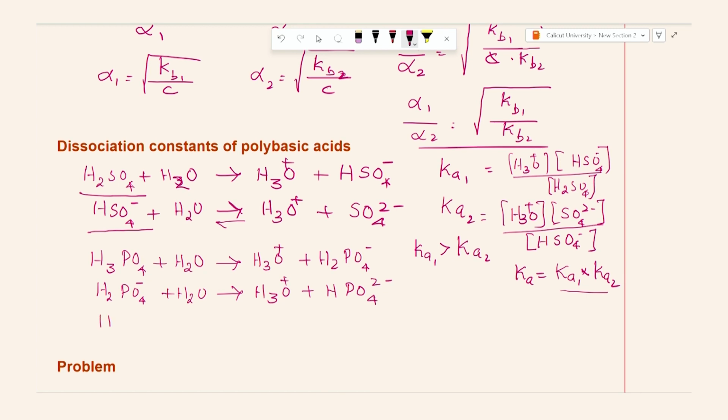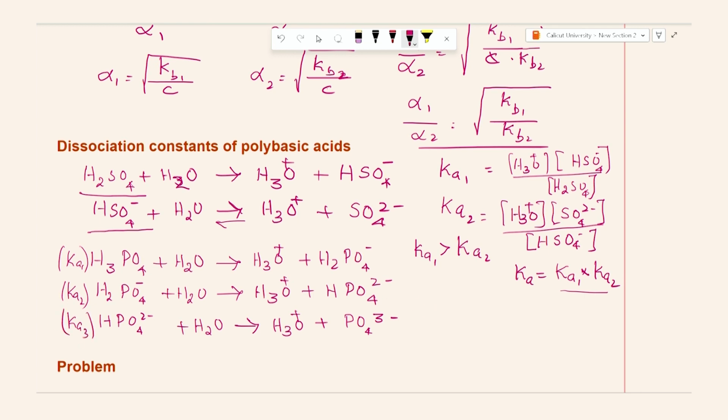Next, HPO4 2 minus will react with water giving H3O plus and PO4 3 minus. Again, in this case also you will be having Ka1, Ka2 for the second one, and Ka3 for the third ionization.